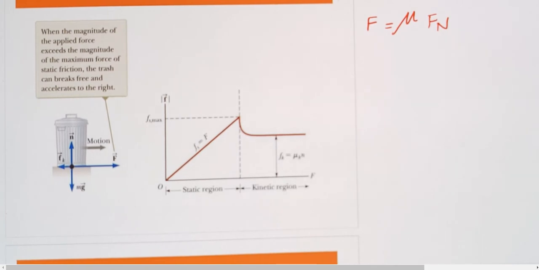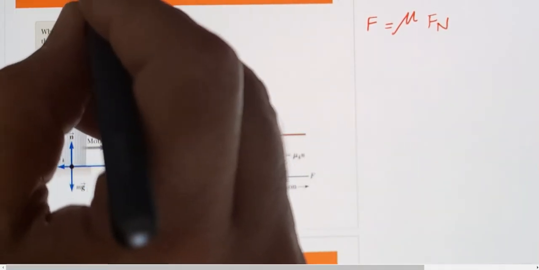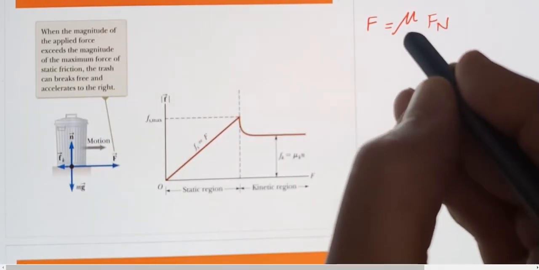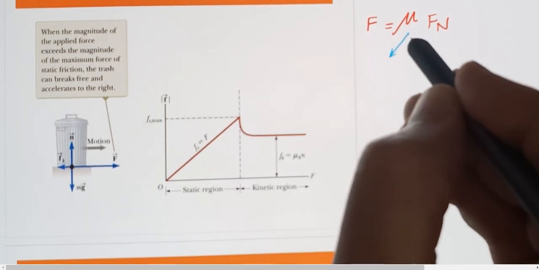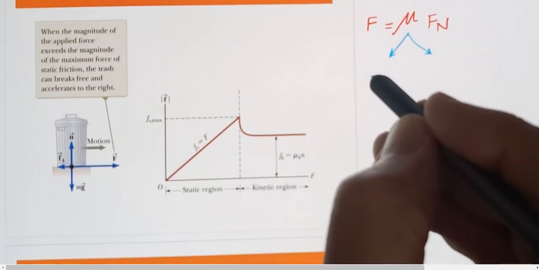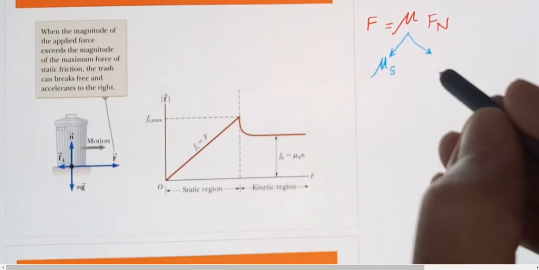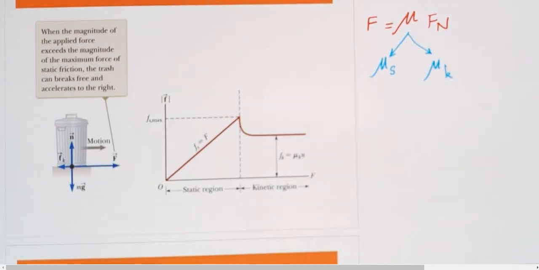Also, there are 2 types of force of friction. We have the static friction coefficient, and we have the kinetic coefficient of friction.